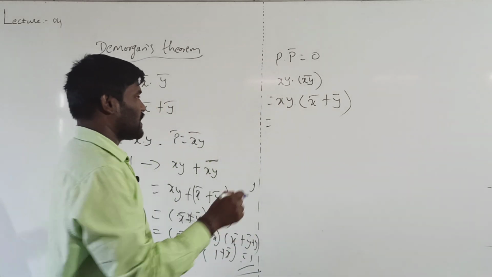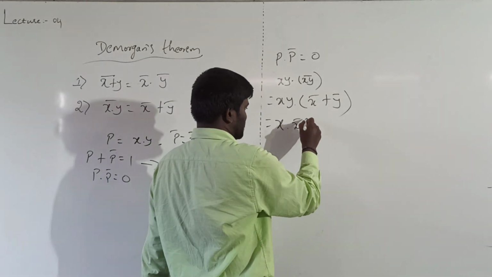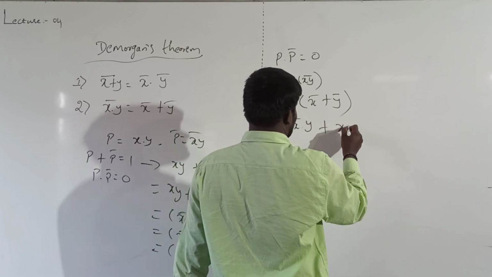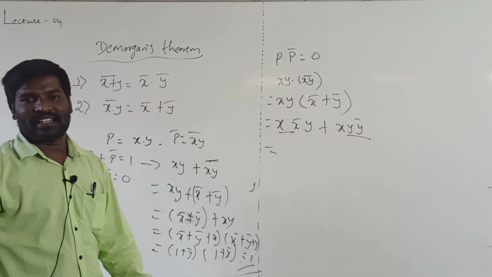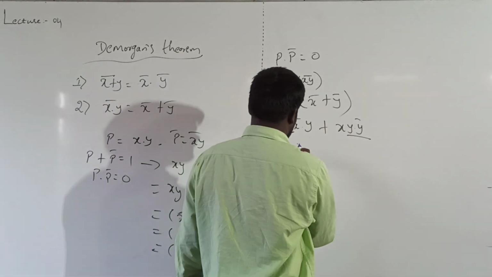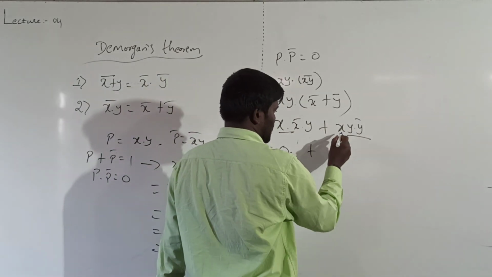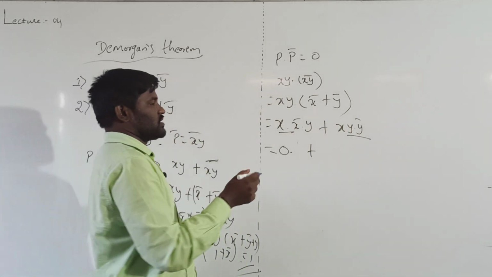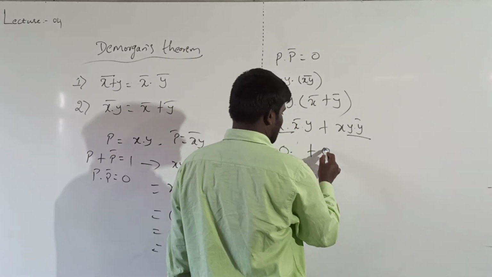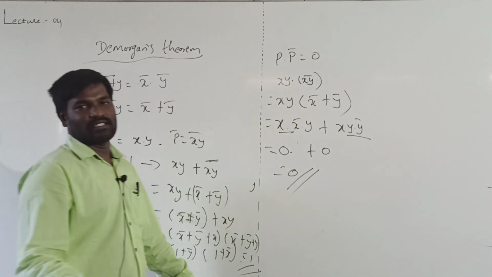So just you can multiply: x into x bar into y plus xy into y bar. See the terms, x into x bar is 0, 0 into y is again 0, plus x into y into y bar. Finally, y into y bar is 0, 0 into any variable or anything is 0. Finally, the result is 0, hence the result is proved.